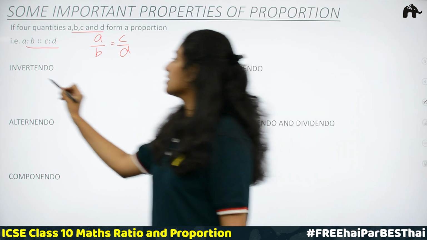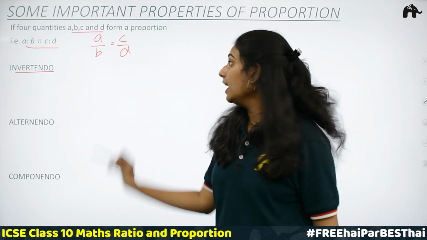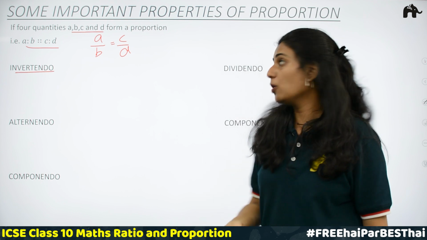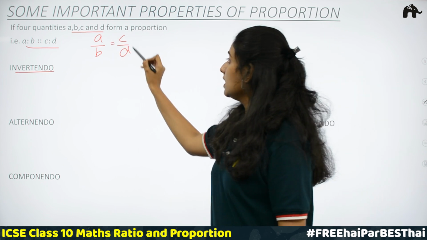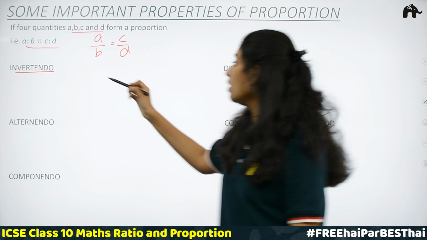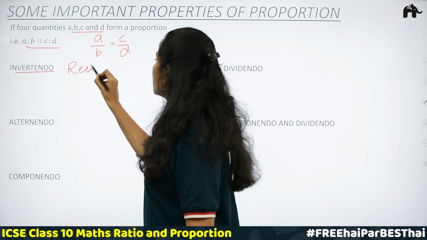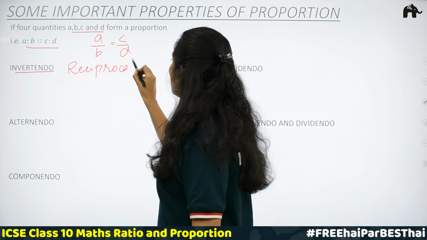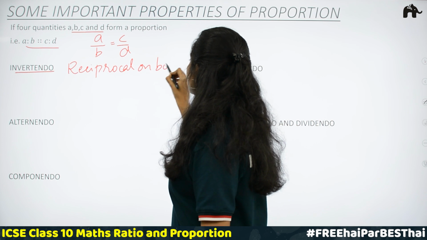First property is called invertendo. In this case, we are taking the reciprocal. That is, A by B is equal to C by D, taking reciprocal on both sides. What do you get?